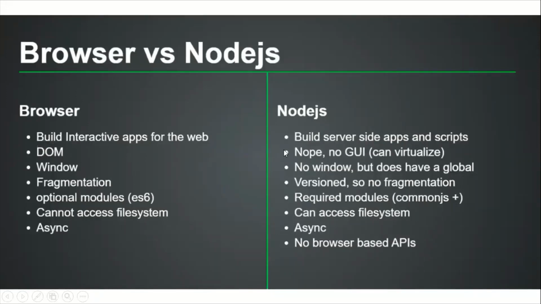Here we don't have any DOM or any visualization. It's all code and it's all running. In the browser we have window. If you have used JavaScript functions, we have window dot some function. We don't have any such facility in Node.js.